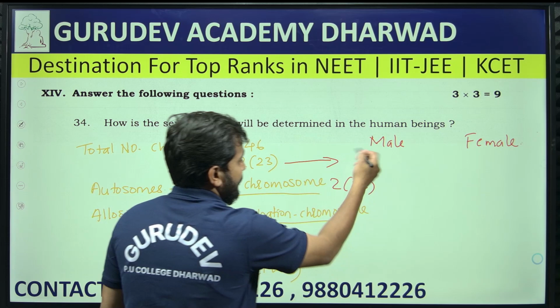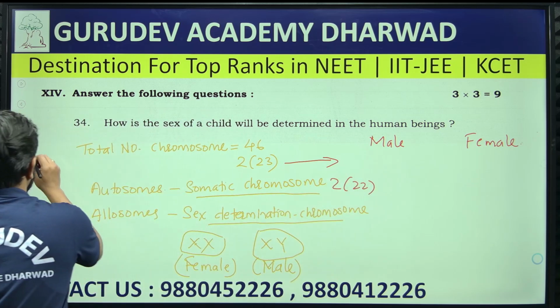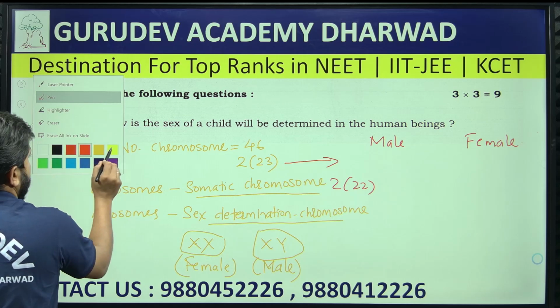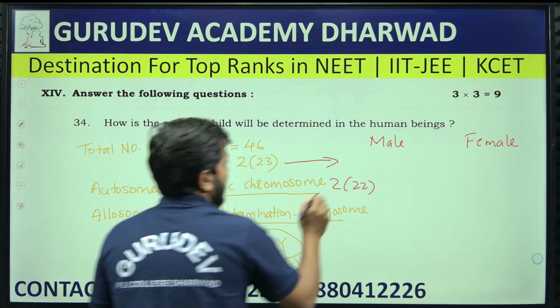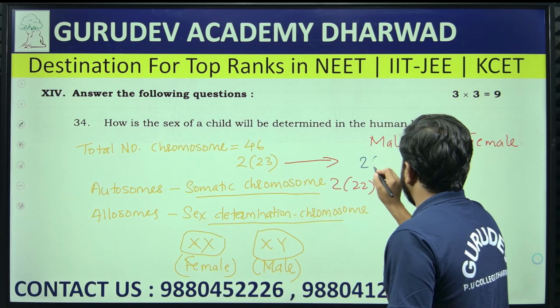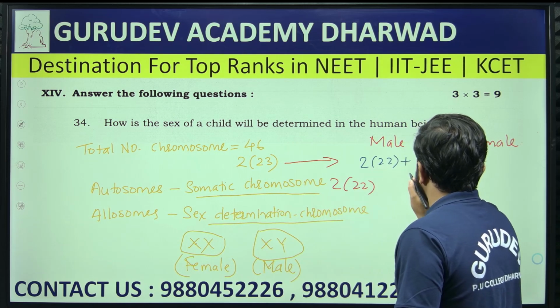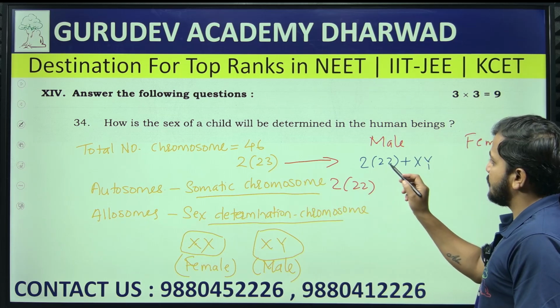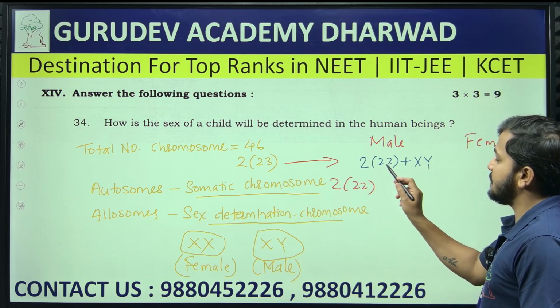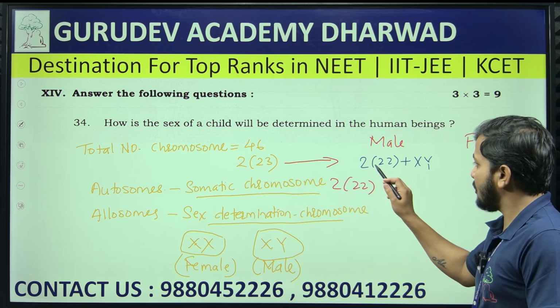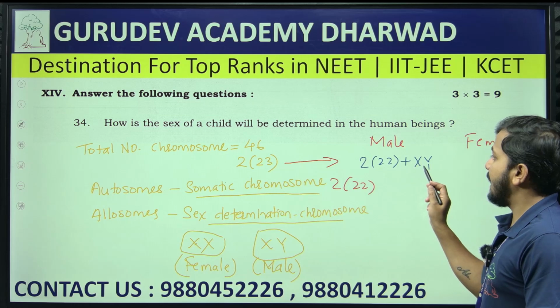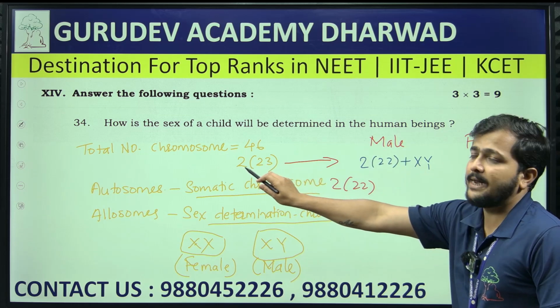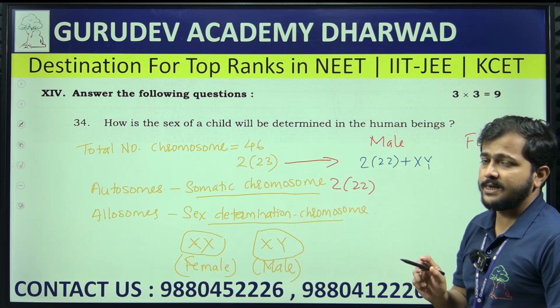So if I consider these autosomes with respect to the male also, I will find 22 plus one pair of XY. Understanding? So this is 22 pairs of autosomes and one pair, which makes 23 pairs. Total number is 46, right.